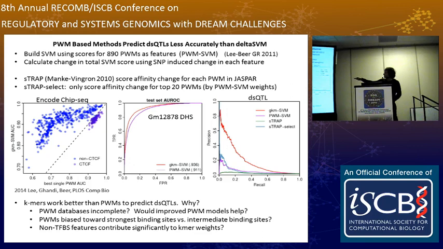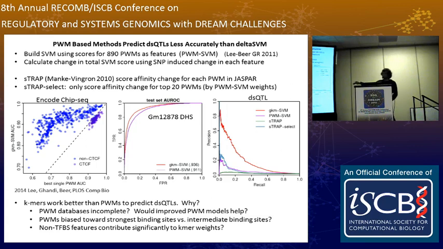So why don't we just build an SVM using PWMs? We can do that. We just score all the sequences in the positive set and the negative set, and we use those PWM scores as features in an SVM. We've actually done that a long time ago. And we can show that the accuracy of that classifier in purple is really quite good, right?